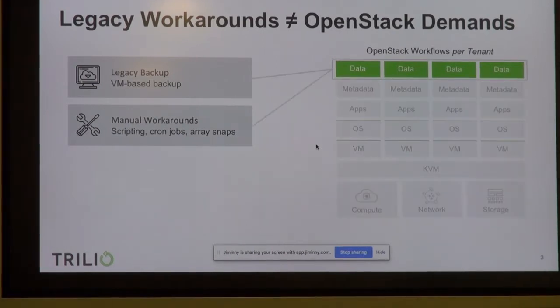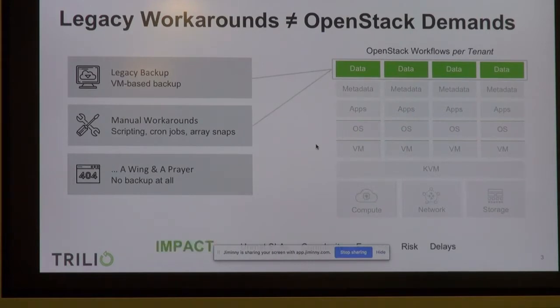Because these legacy tools are not designed to meet the OpenStack demands, we are starting to see that SLAs are not being met, or complexity when it comes to management. It can get expensive on the infrastructure side. It is sometimes risky, right? And we're starting to see delayed OpenStack deployment and application delays, right?